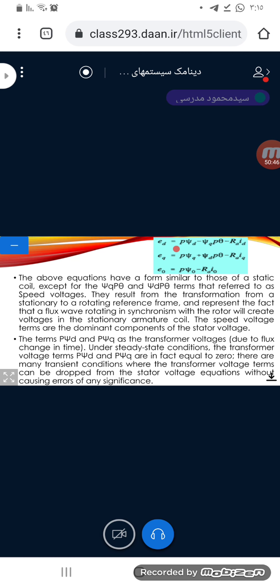ED is equal to P psi D minus psi Q P theta minus RAI. And another equation is written below, EQ and E0.